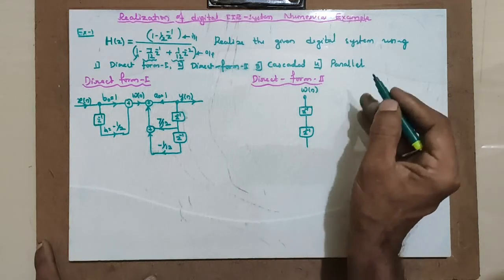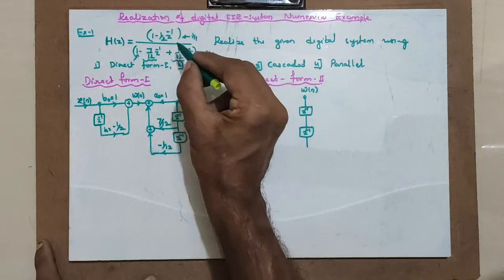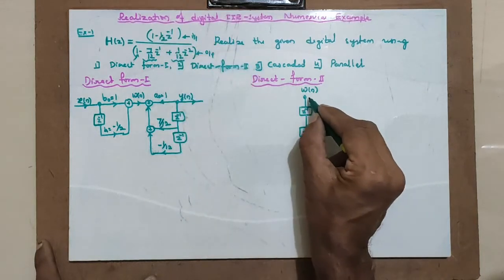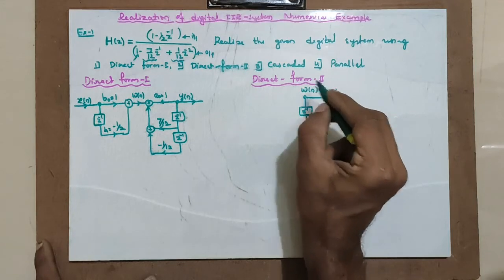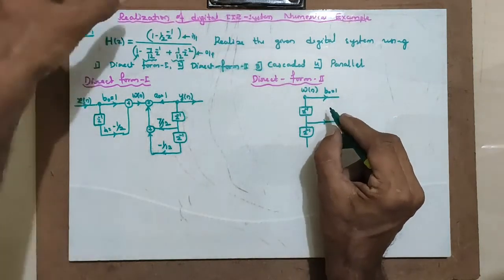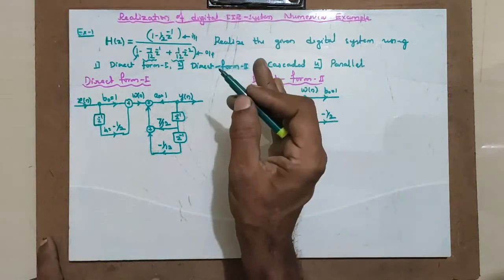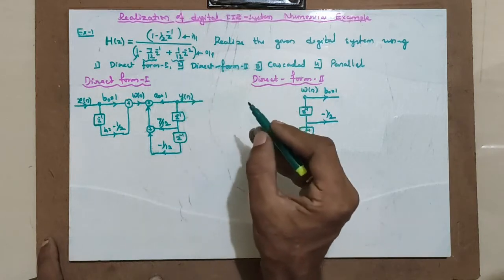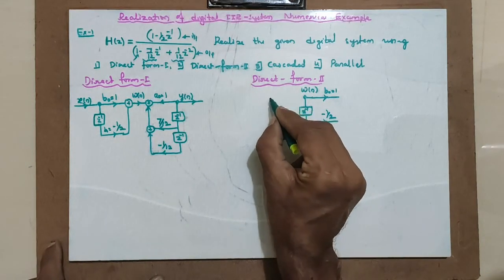And on the output side, there you will be implementing the numerator. See here, first B0 is equal to 1. Next is B1, minus 1 by 2. And on the input side, I will be implementing the denominator polynomial equation.